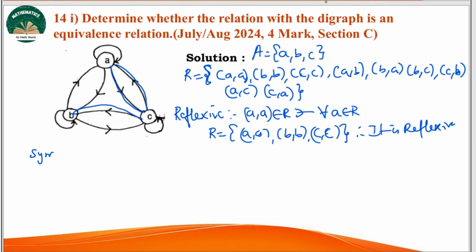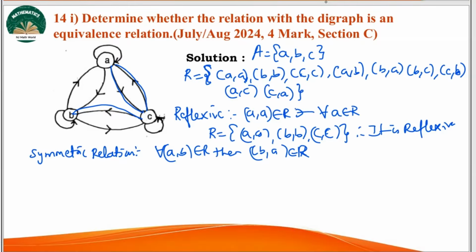Symmetric, what is symmetric? It should have a reverse relation. Here, for all A comma B belonging to R, B comma A should also belong to R. So let us prove with this condition.